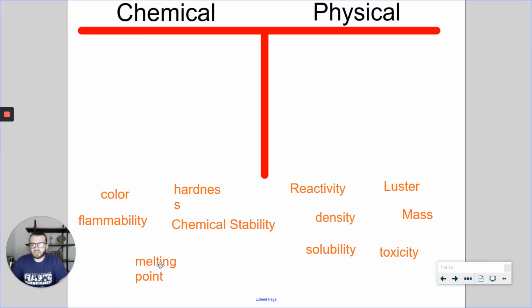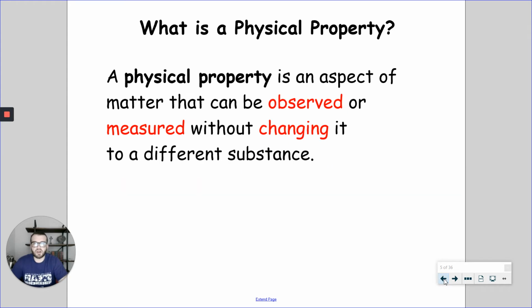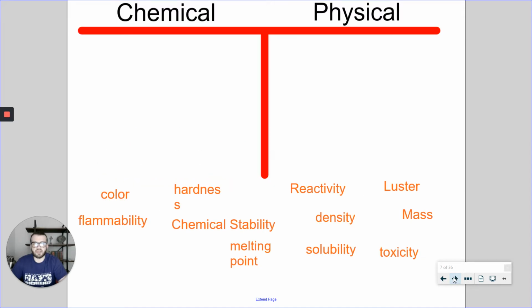So let's look at a couple. Is melting point a chemical or physical property? Well, with a chemical property, it says we have to change them into something else. With a physical property, it can be observed and the thing still remains the same.